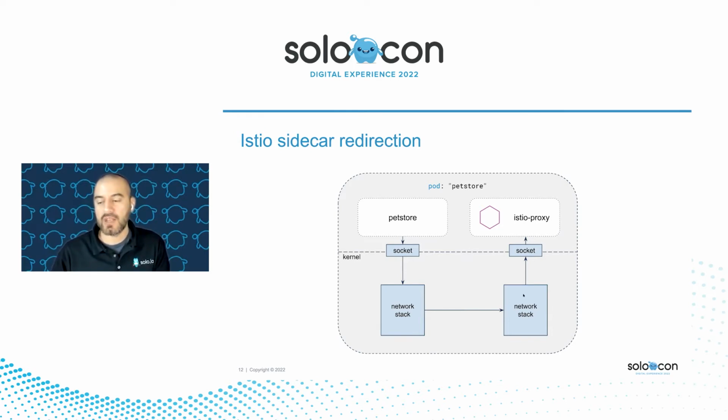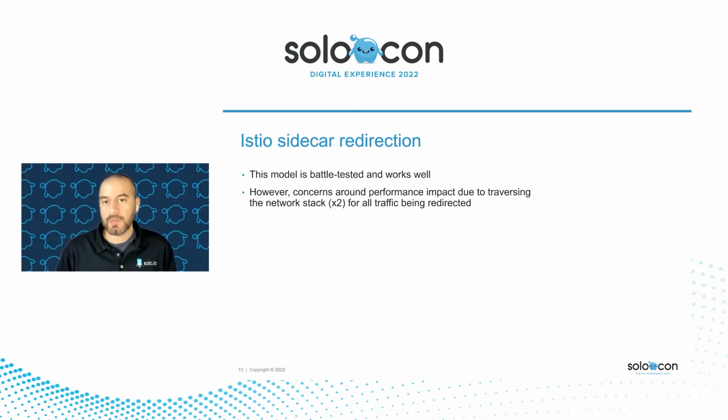But then you have other IP tables rules that say, okay, this is intended for this destination, really that needs to go to the Envoy proxy. So you're traversing through the network stack in both cases to get to where you correctly need to be.